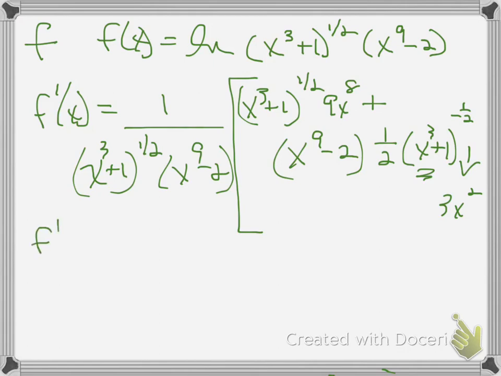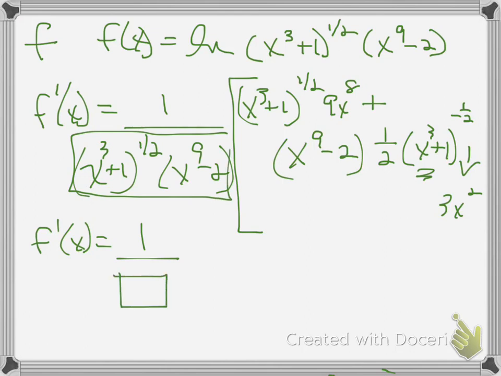So f prime of x equals 1 over, may I just call this little thing box? So this is going to be box. Okay, so 1 over that box times, I would bring the 9x to the 8th in front. Then you have x cubed plus 1 to the 1/2.